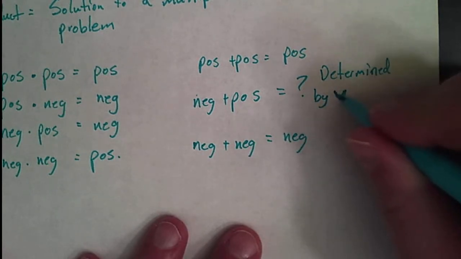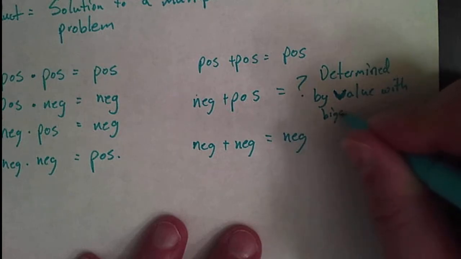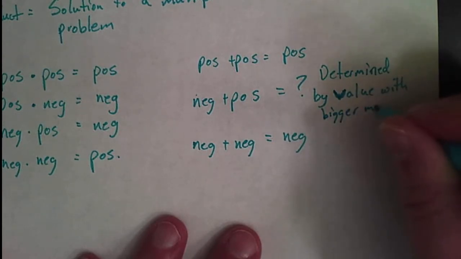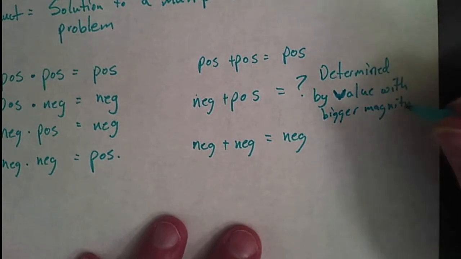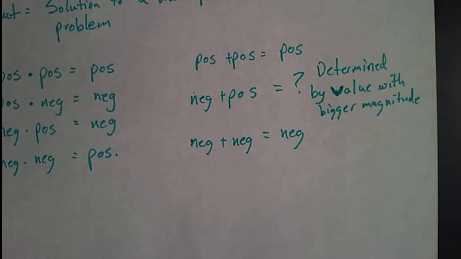Let's say it is determined by the value with bigger magnitude. Magnitude. All right, gotta make sure I spell that right. So that means if we have a negative 36 and a 27, so negative 36 plus 27, which one of those is further away from 0?